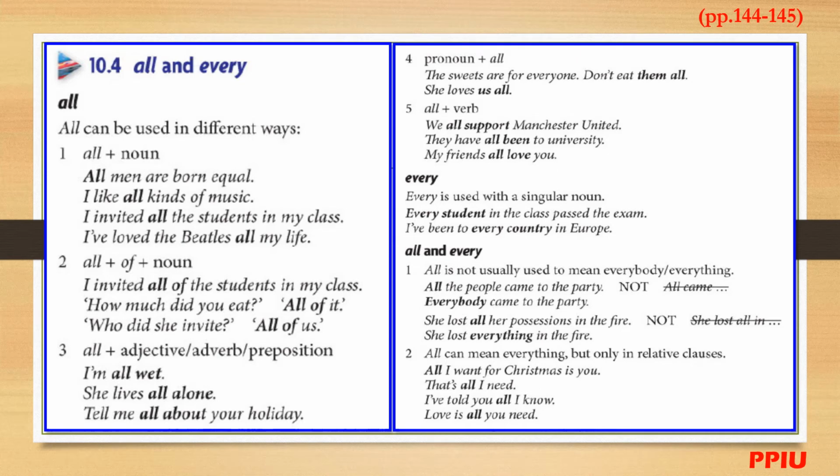So all and every. We're going to learn about the differences between all and every. All can be used in different ways. All plus noun, for example: all men are born equal. All is all, men is the noun.